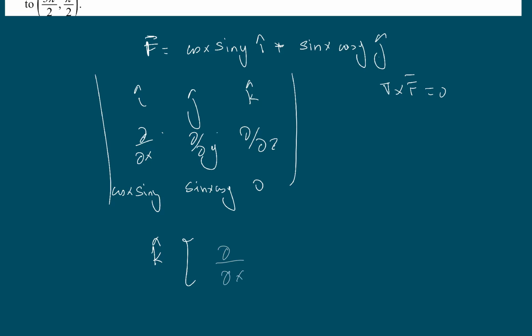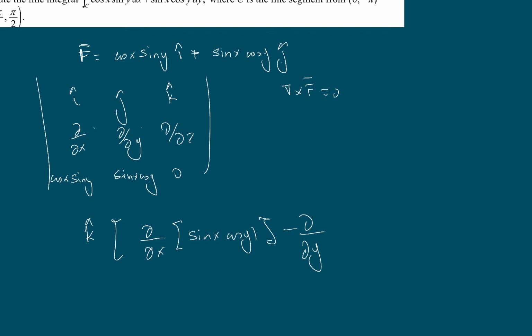And the k component, the one that we need to check to see if it's 0, is the partial derivative with respect to x of sine of x cosine of y, minus the partial derivative with respect to y of cosine of x sine of y.